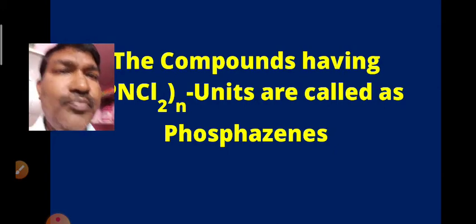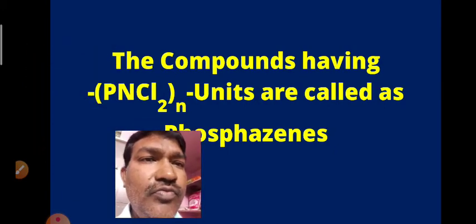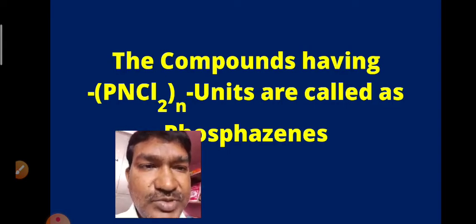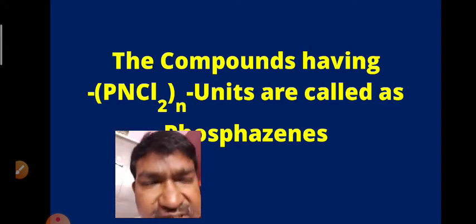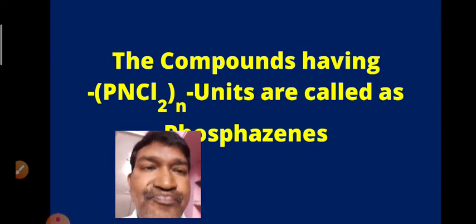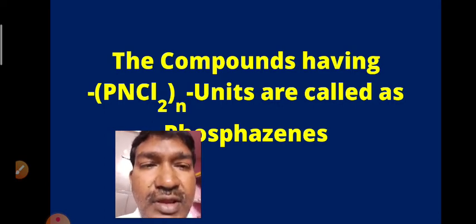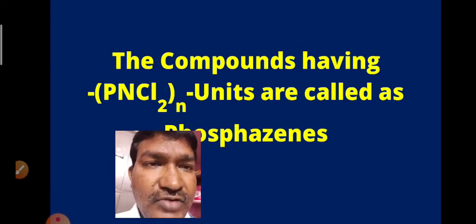So the compounds which have PNCl2 units in them are called phosphazenes. That means phosphazenes are polymers and they contain PNCl2 taken n number of units. Here n may get a value after 3.